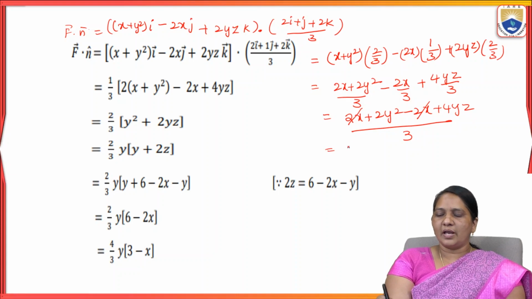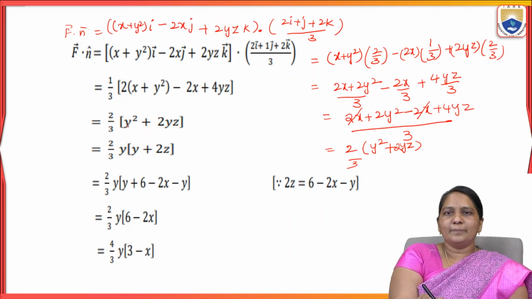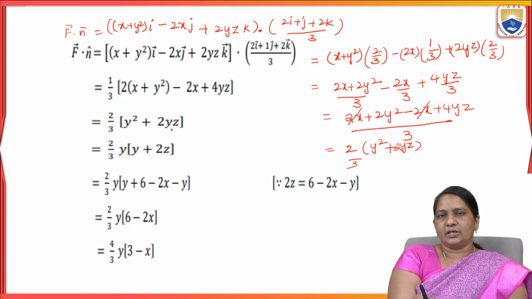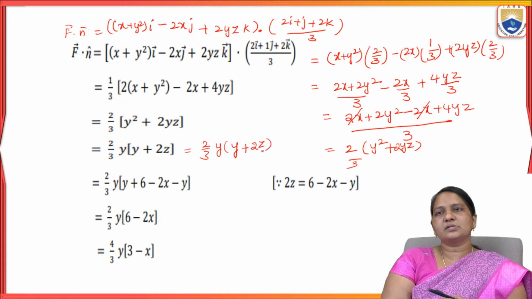From this I am taking the common 2, getting y square plus 2yz, with 2 by 3 remaining. So that is 2 by 3 into y square plus 2yz. If you want, you can take y common also. So 2 by 3 y into y plus 2z.